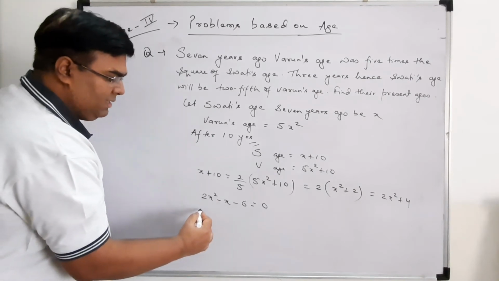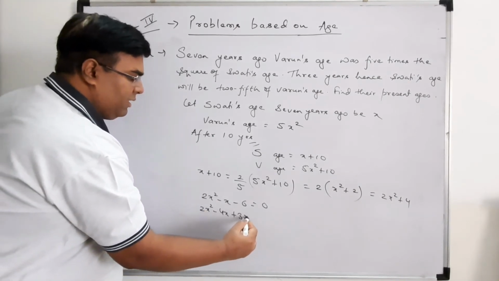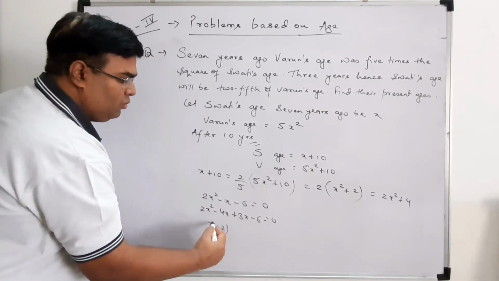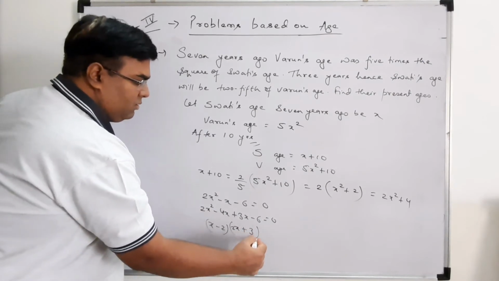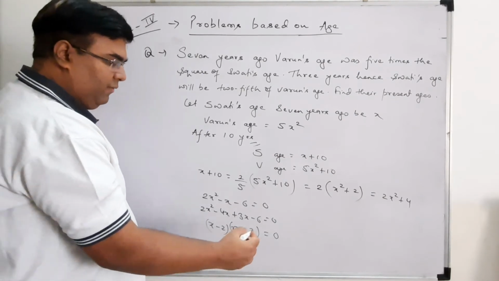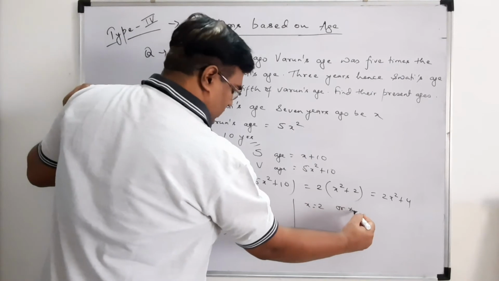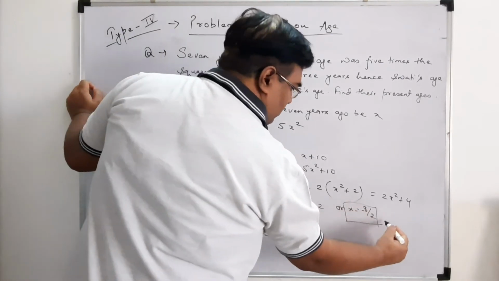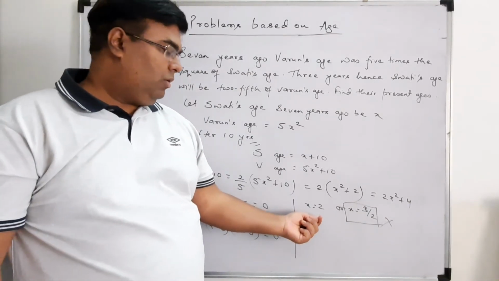And if you factorize it, minus 4x plus 3x, it will give you x minus 2 and 2x plus 3 is equal to 0. So x is equal to 2 or x is equal to minus 3 by 2. This is not possible. So x is equal to 2.